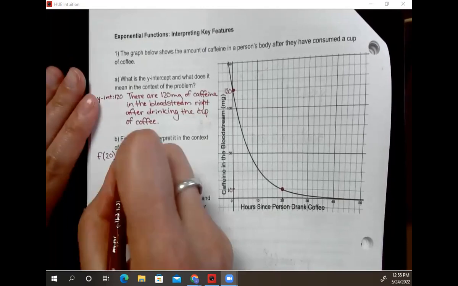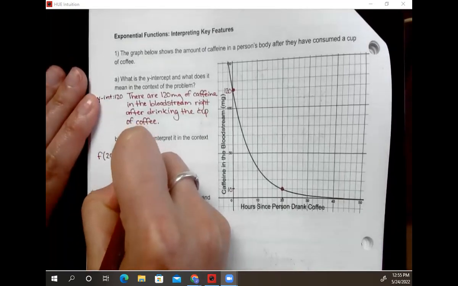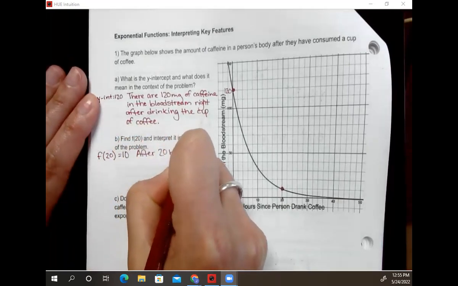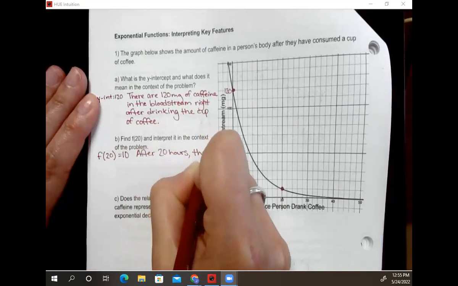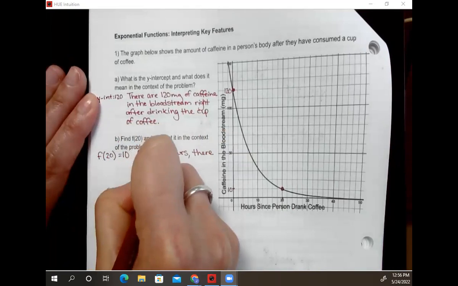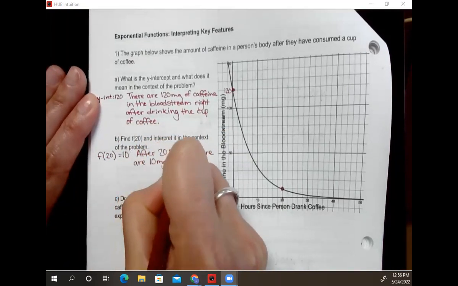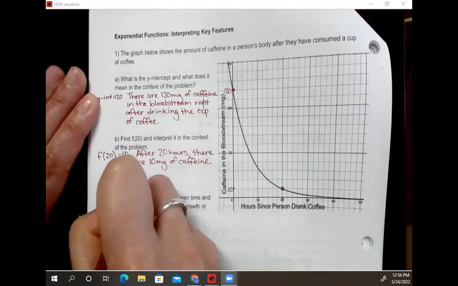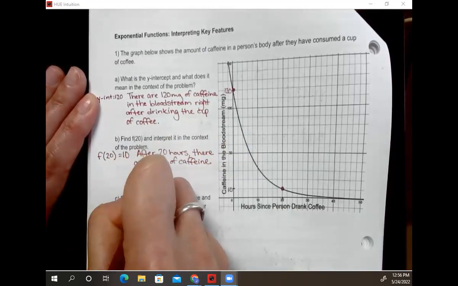Yeah, exactly right. After 20 hours, there are 10 milligrams of caffeine in the bloodstream.